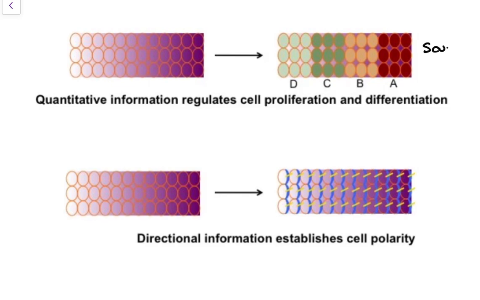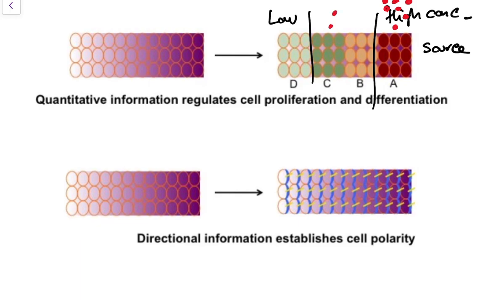If this is the source, you can see A would be our high concentration, down to D, which would be our low concentration, because we'd have lots of the morphogen here, let's do it as red, and you'd get less in this region, and then not very much at all there.